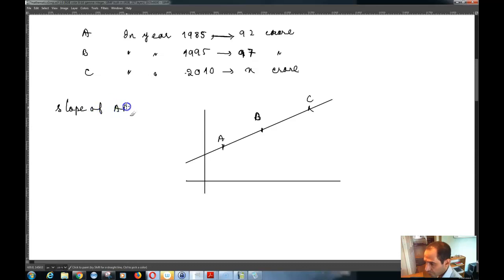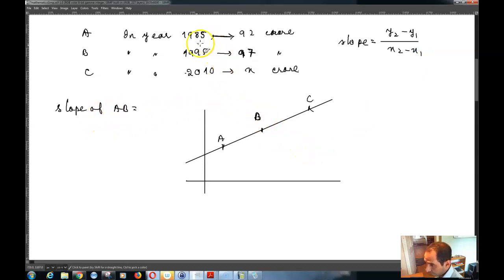you can take the population as the output, the y, and this is your x. And you know that the slope is equal to y2 minus y1 over x2 minus x1.